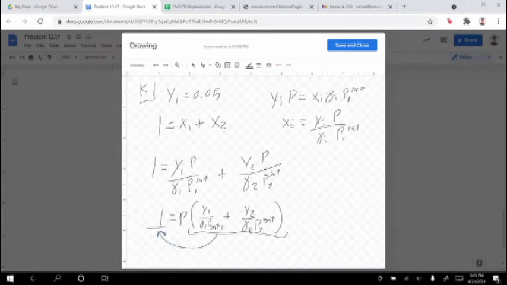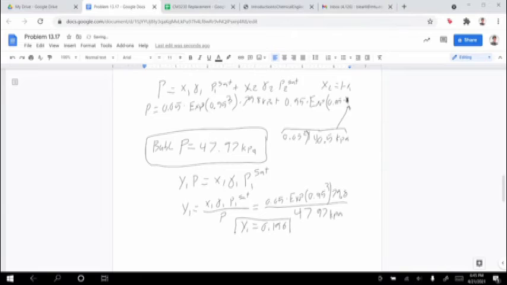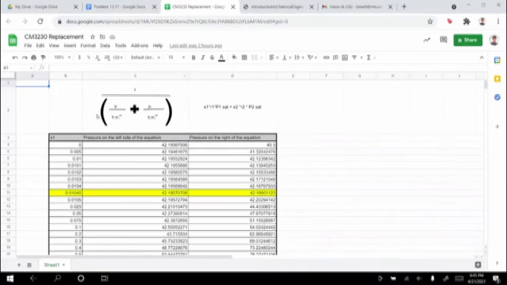Now, what we will do is I'm going to take that expression and go over to Excel here. So as we see, we have 1 over y1 times the activity coefficient of 1 times the saturation pressure for 1 plus y2 gamma 2 p2 sat.